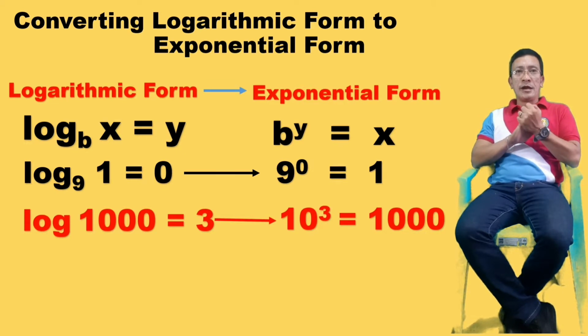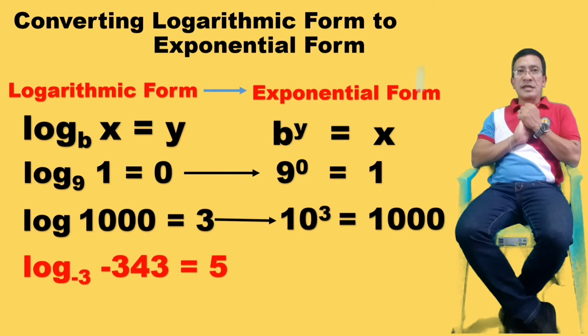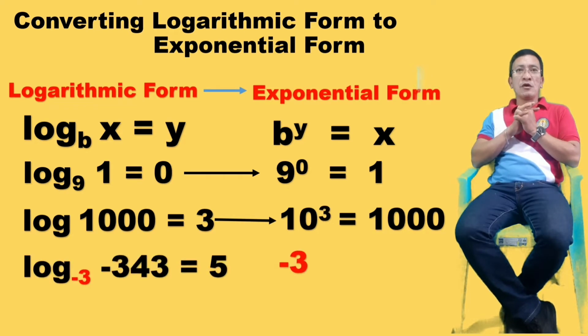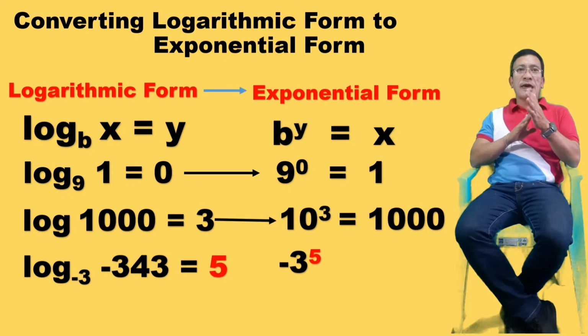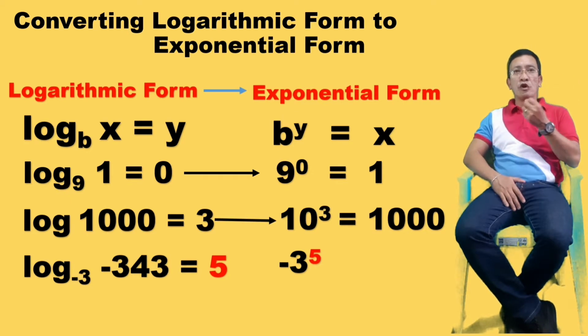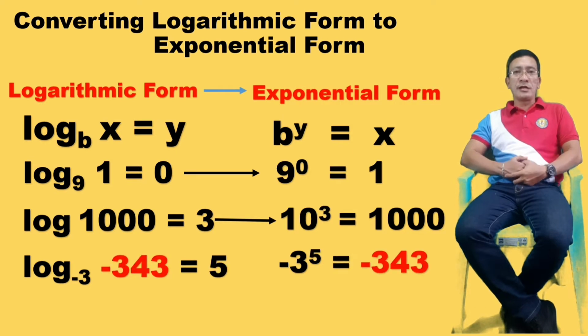Third example, log of negative 343 with base negative 3 equals 5. Again, the base of the logarithm negative 3 is also the base in exponential form. The value of the logarithm 5 will become the exponent of negative 3, and the basis of computation of the logarithm negative 343 is the power of the exponential form.